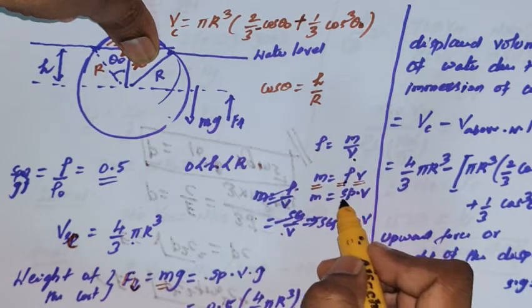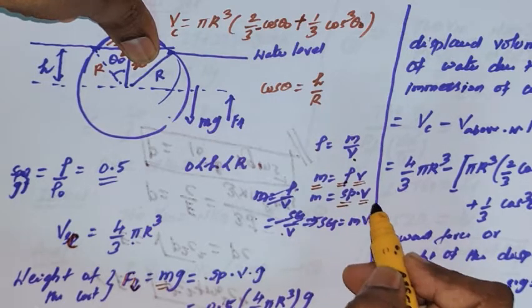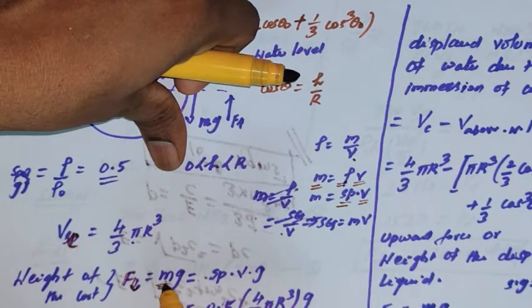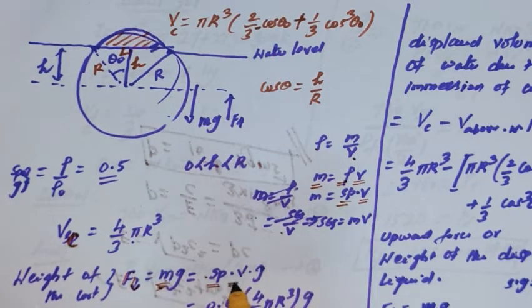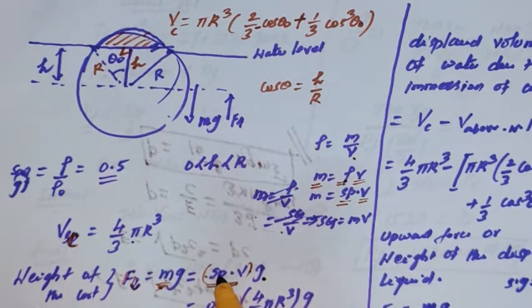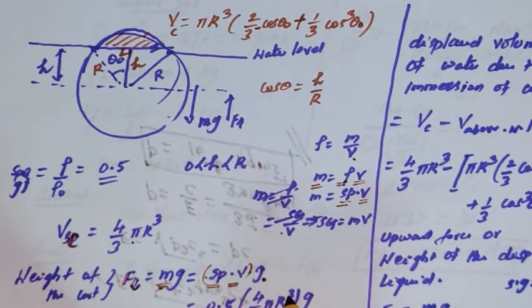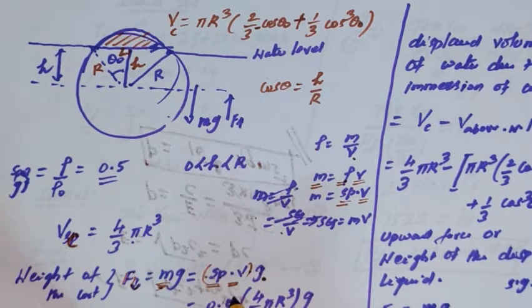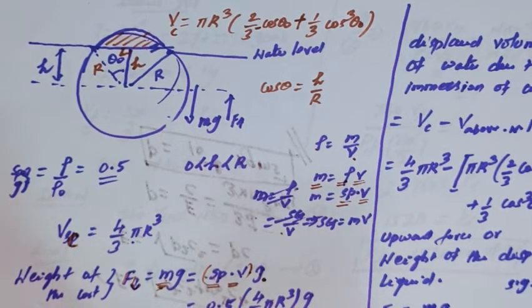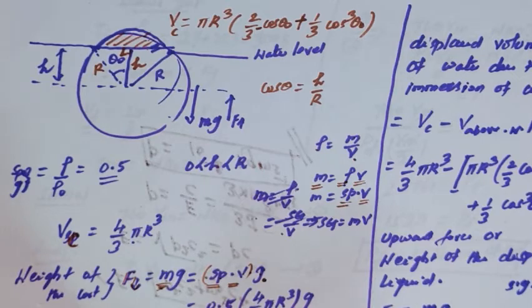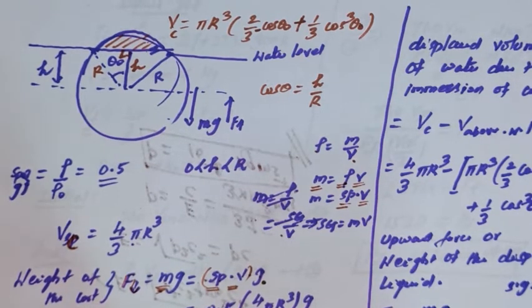The density can be represented in terms of the specific gravity. So replacing the mass, specific gravity times volume times g. The specific gravity for the cork is 0.5, which is 1/2, and the volume is 4/3 πR³, and g is the acceleration due to gravity. Cancelling, 2 twos are 4, it will give 2/3 πR³ g. This is the weight of the cork, or the downward force acting on the cork.